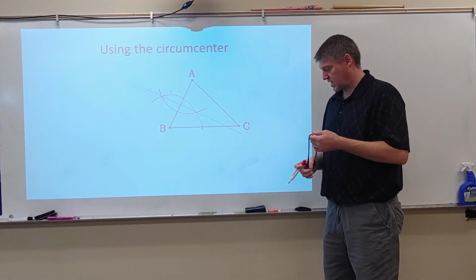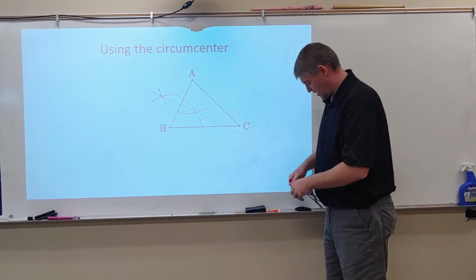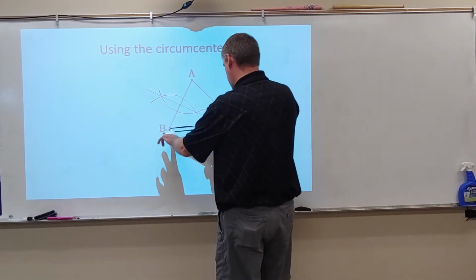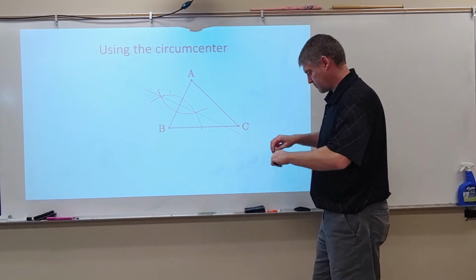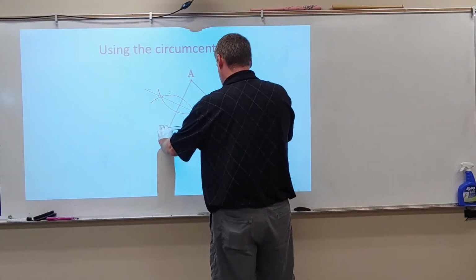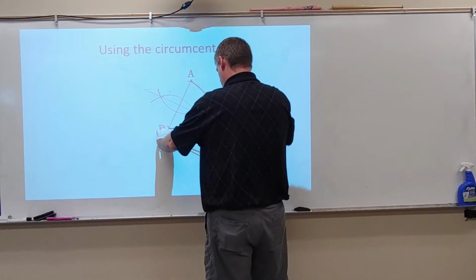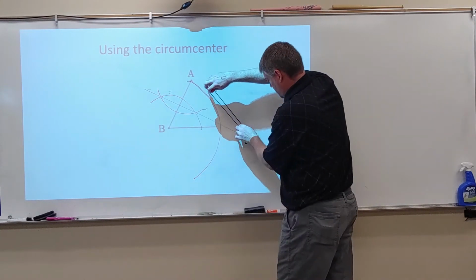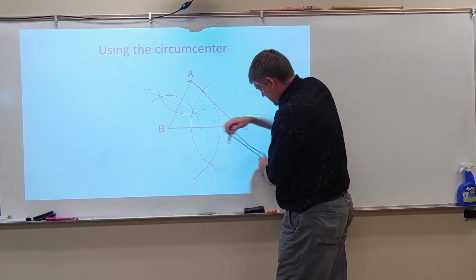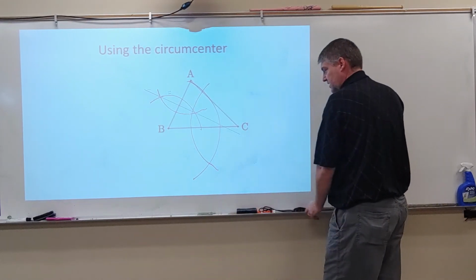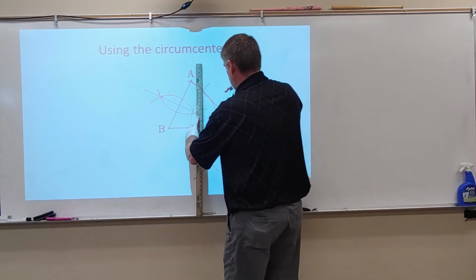Now I'm going to find my perpendicular bisector of BC. Make sure this is more than half. It's pretty close. There's my perpendicular bisector of BC.